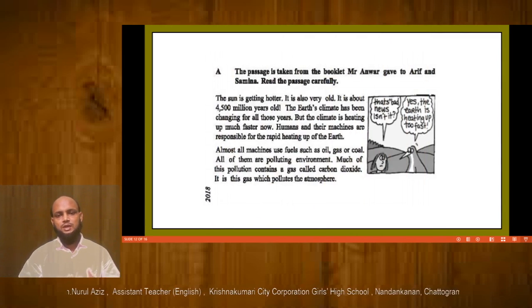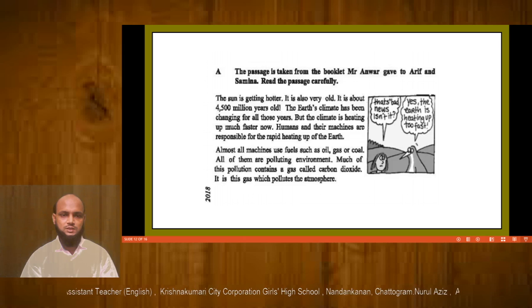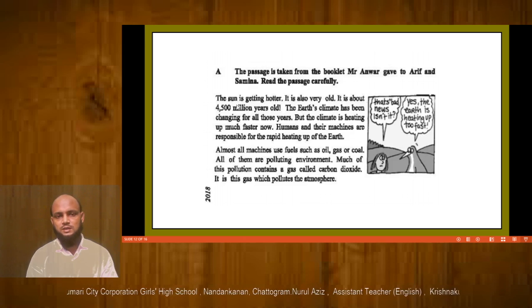So now we are going to start our today's passage. This is a short passage, but we have so much information in it, and I'm making it clear. The sun is getting hotter. It is also very old. It is about 4,500 million years old, the sun.